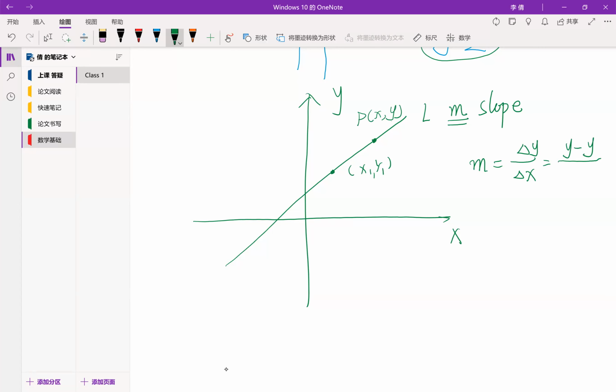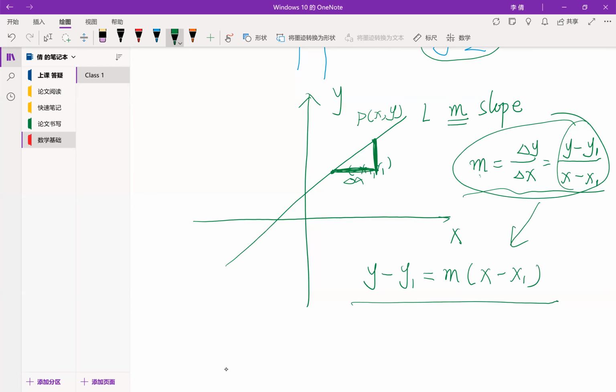Delta y is the rise between the two points, y minus y sub 1, and the run between the two points is delta x, which is equal to x minus x sub 1. So we use this to compute the slope m, and then we get y minus y sub 1 is equal to m multiplied by x minus x sub 1, right?